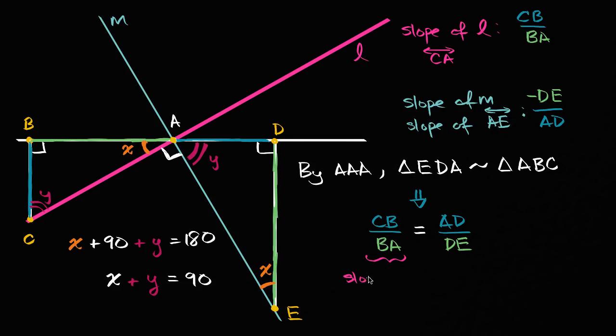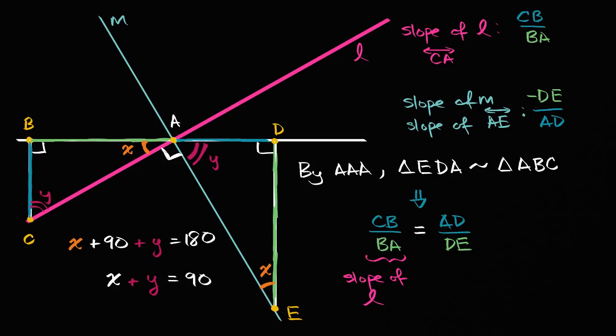Slope of L. And how does this relate to the slope of M? Notice, the slope of M is the negative reciprocal of this. You take the reciprocal, you're going to get DE over AD, and then you have to take the negative right over here.